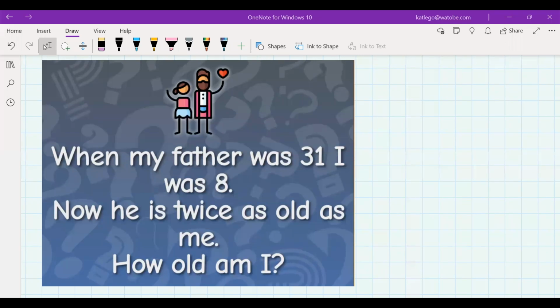Wow. There was a lot going on. One of the people who said 23, come unmute and tell us how you got it, because that's our answer. Please raise your hand and tell us. Petero says she knows 23 is the answer, but she says she doesn't know how. Guys, if you get 23, you must be willing to explain how you got 23.